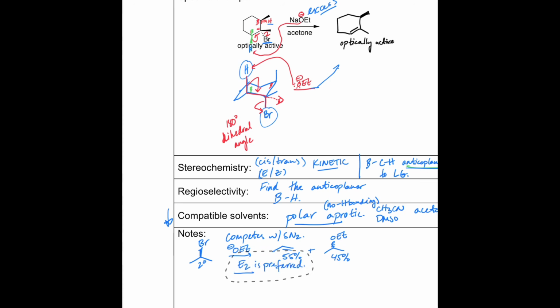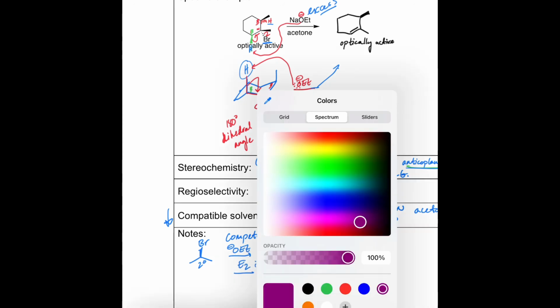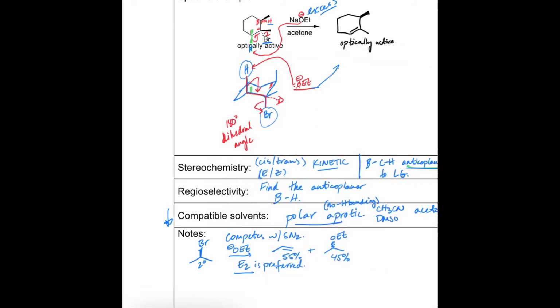So the reason I'm bringing this up is because typically, if you have a secondary carbon with a leaving group, E2 will be preferred as long as the base is strong. So think E2 bases.